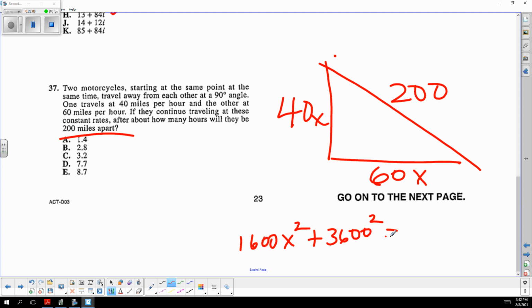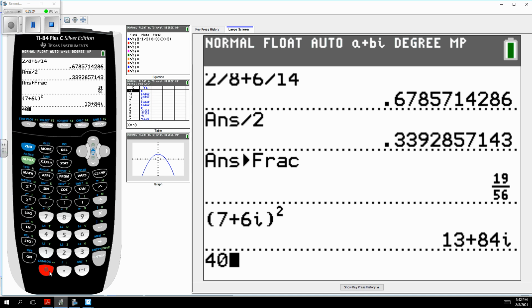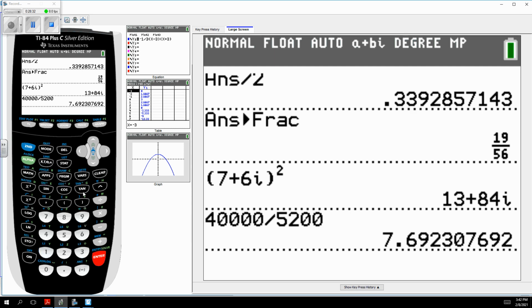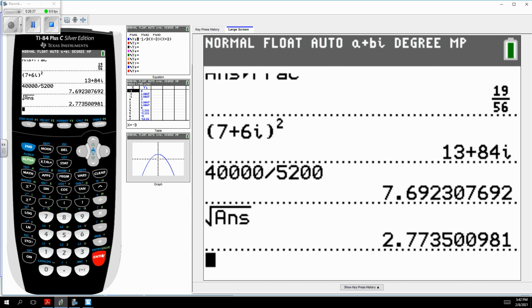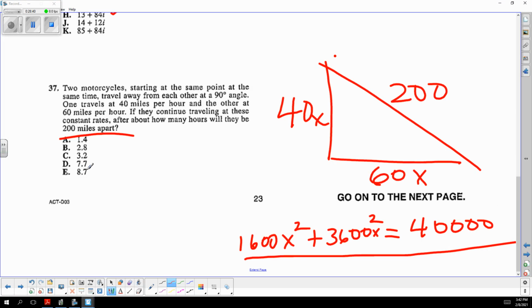Plus 3600 x squared is 200 squared, which should be 40,000. And I have no problem putting this into a solver. So it'd be 5200 x squared equals 40,000, so 40,000 divided by 5200, and then that's x squared. So you take the square root of that to get the answer. So it'd be 2.77 or 2.8, choice B.